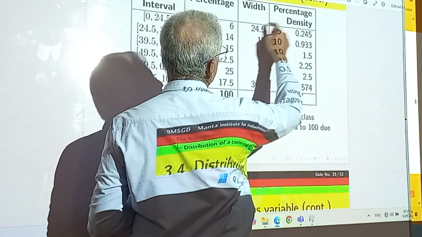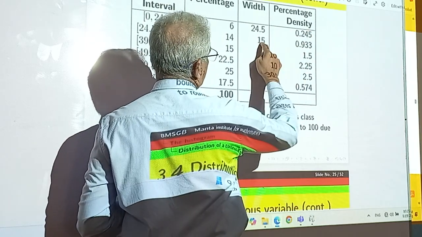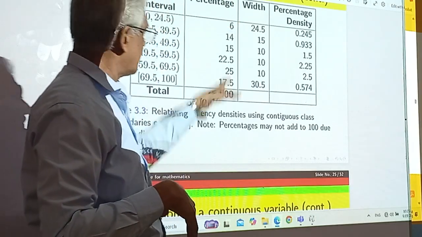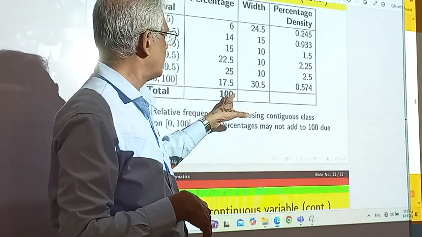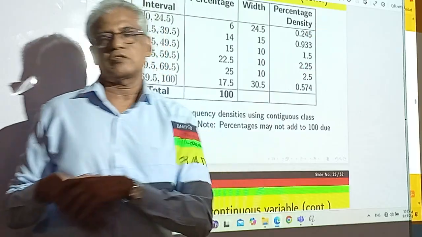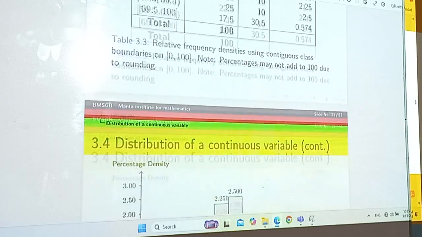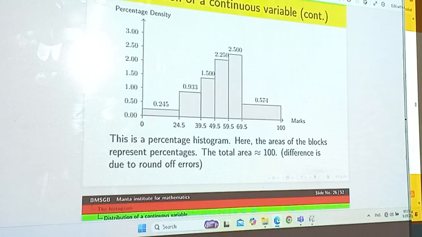The area will be this times this, area will be this times this, and so on. Right? But even though the percentages add up to 100 here, the areas may not add up to 100 because of the rounding operations, but it will be close to 100. It's not going to be a big deal most of the time. So this is the distribution that you will get by doing that.